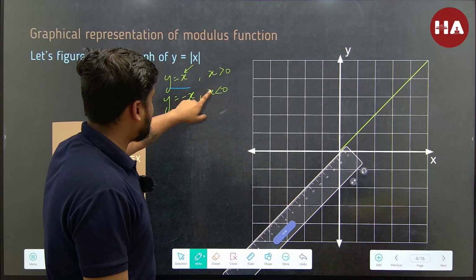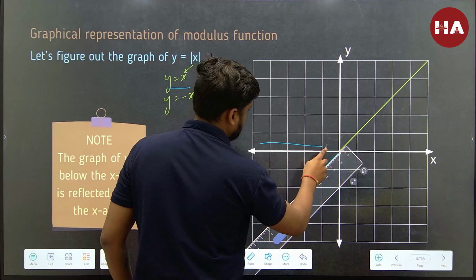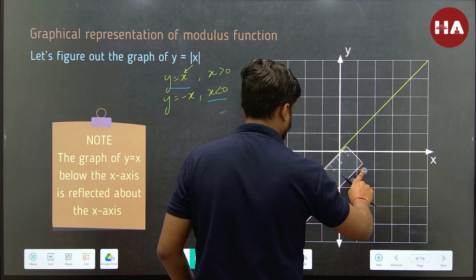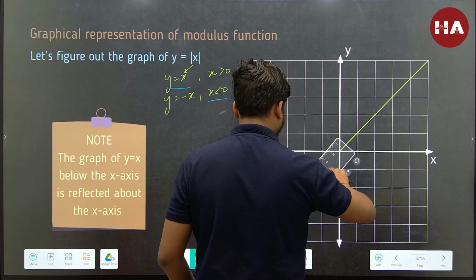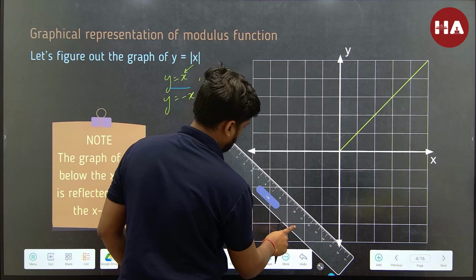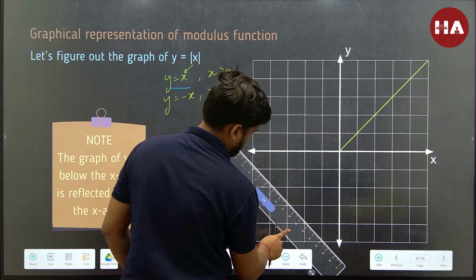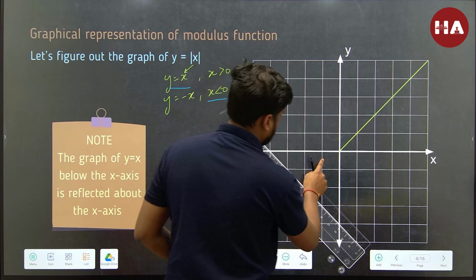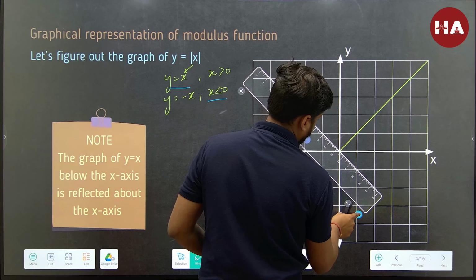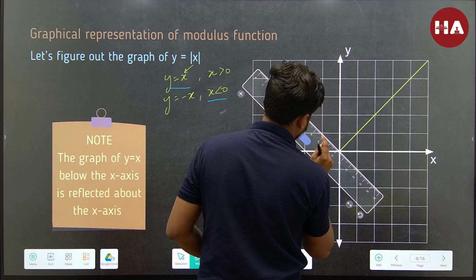Now, when x is less than 0, that is this region, right? So I'll get something like this.